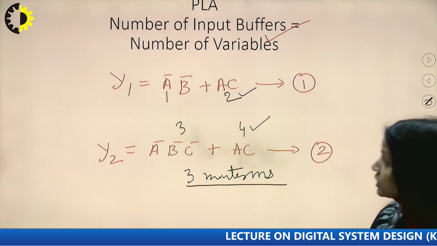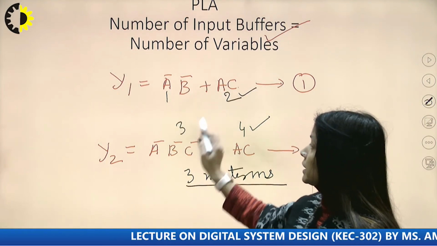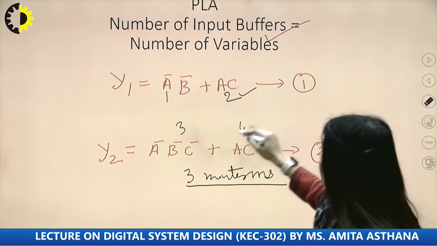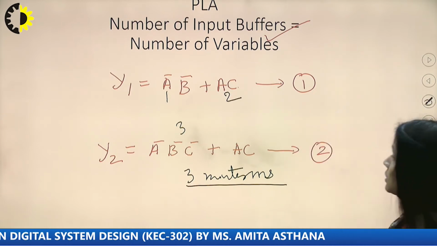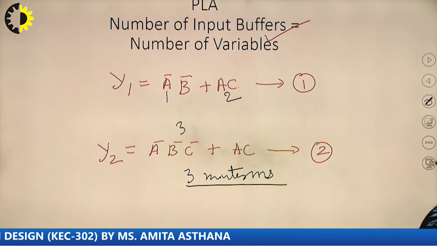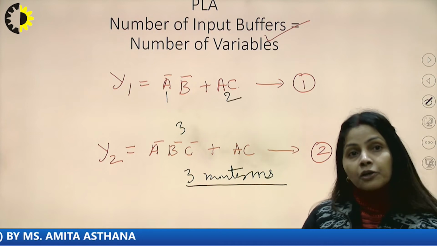So we have got 3 minterms, A bar B bar plus AC and A B bar C bar. So here we will remove this fourth one because this was the common minterm for both the outputs. Okay. After finding out the number of gates, we will draw the number of gates.